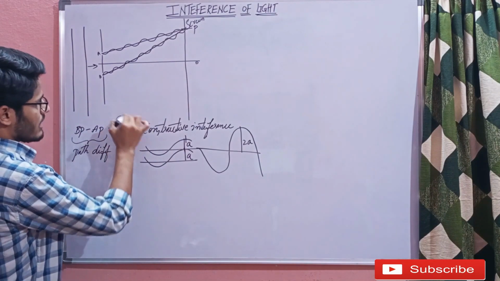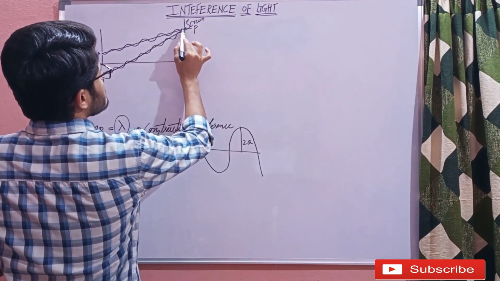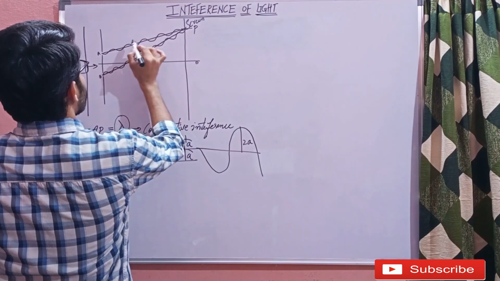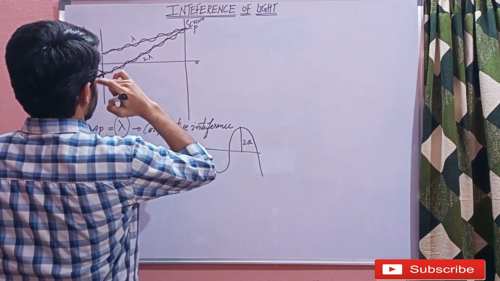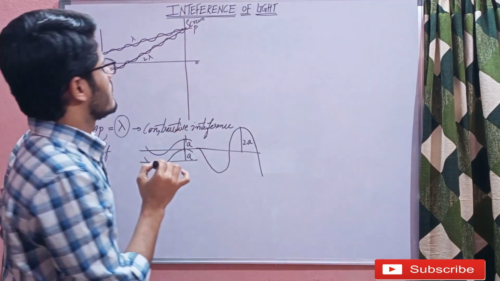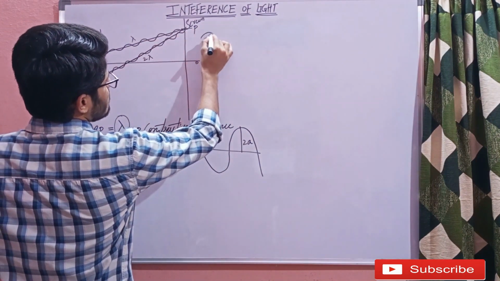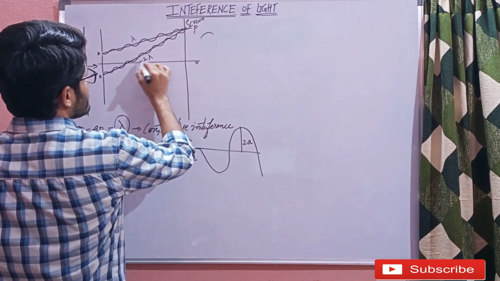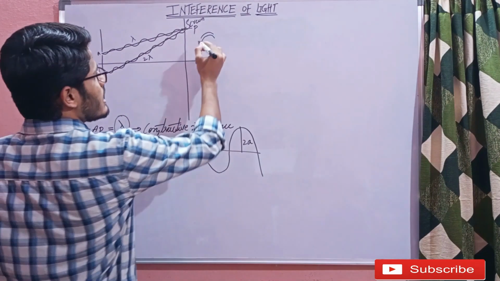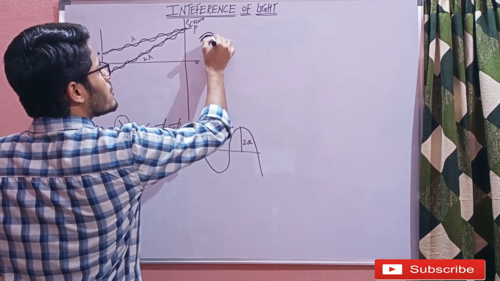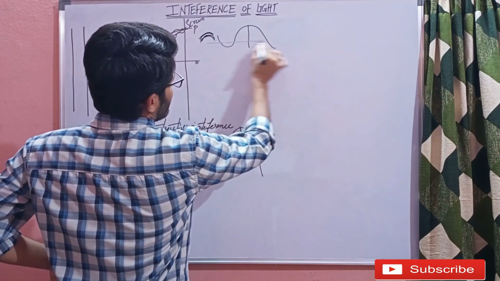So what I mean by path difference lambda is that, suppose at this particular position, this ray has traveled lambda and this ray has traveled 2 lambda. When they reach the final screen at point P, this ray has completed its 1 lambda, so it will be at its top, and the other ray has completed its 2 lambda, so it will also be at its top. Both will have top and top, so they give constructive interference.